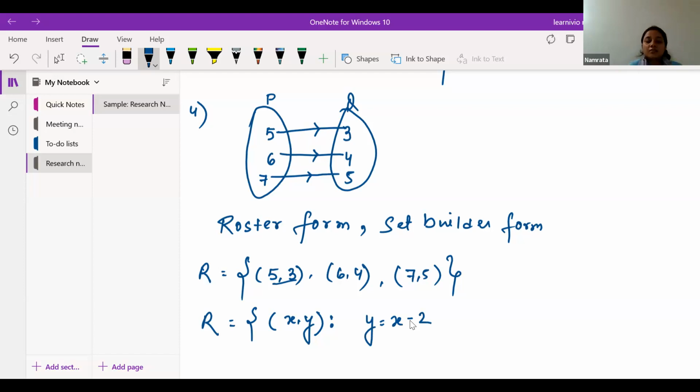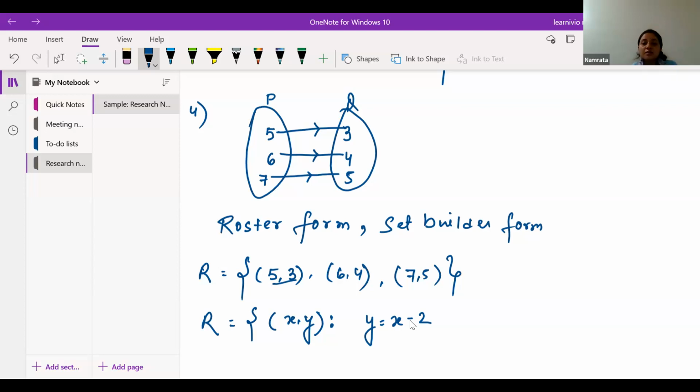Let's check it. We have taken x as 5 and y became 5 minus 2, that is 3. We have taken x as 6 and y became 6 minus 2, that is 4. We have taken x as 7 and y became 7 minus 2, that is 5. So yes, this relation, whatever she told, is correct. It is valid for each and every element.